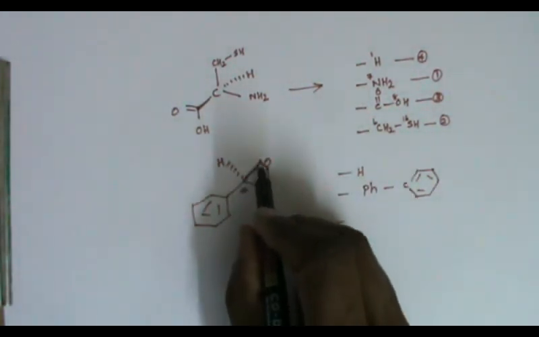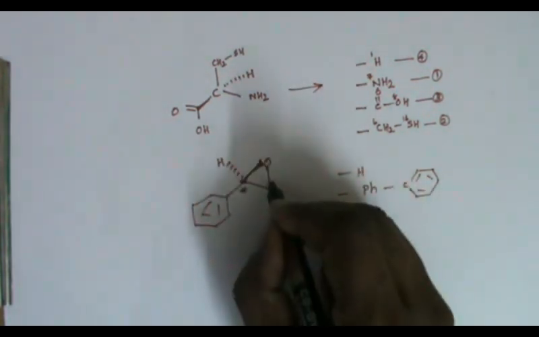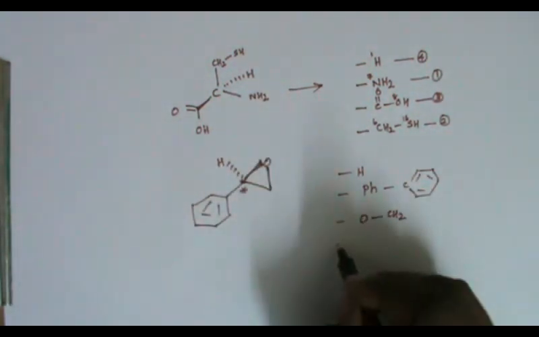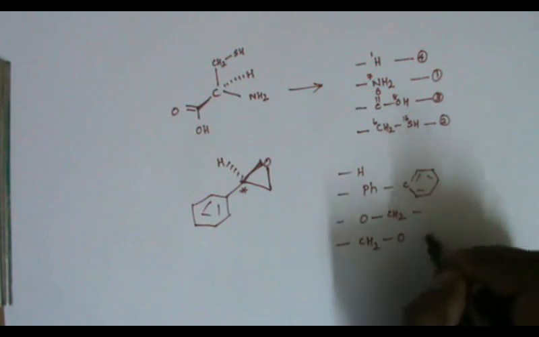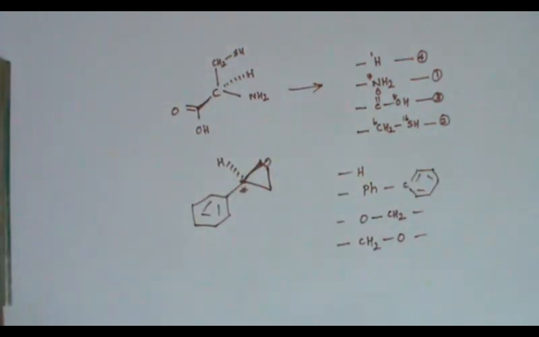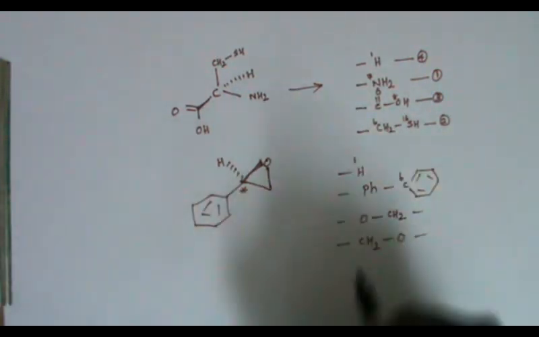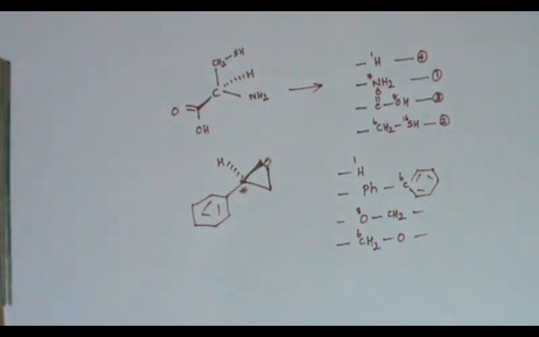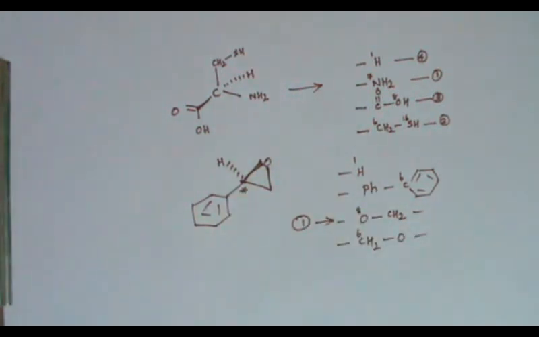Next one is oxygen, so this carbon is attached to this oxygen. After the oxygen, we have CH2. What about this group? We have CH2, then it is attached to oxygen. Further it goes, doesn't matter, we can distinguish here itself. Now look at this. The atomic number is 1 for hydrogen, 6 for carbon, 8 for oxygen, and for this carbon it is 6. So first priority goes to this because the atomic number is high.